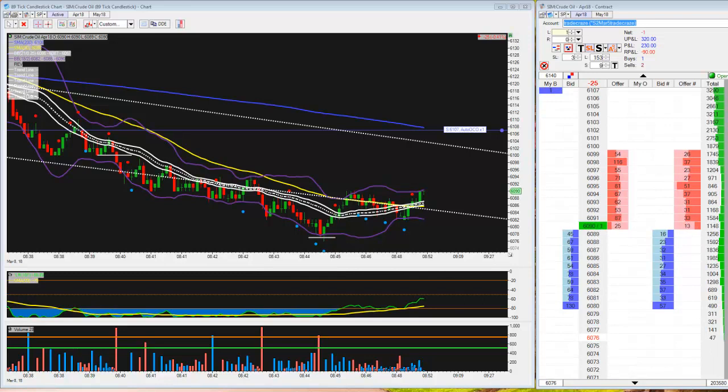I'm hoping that there'll be more short people coming in the market at 61.00 if it gets there.